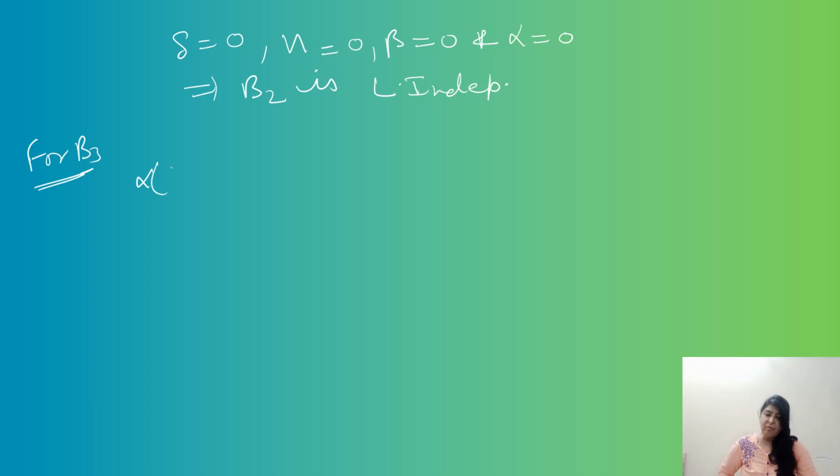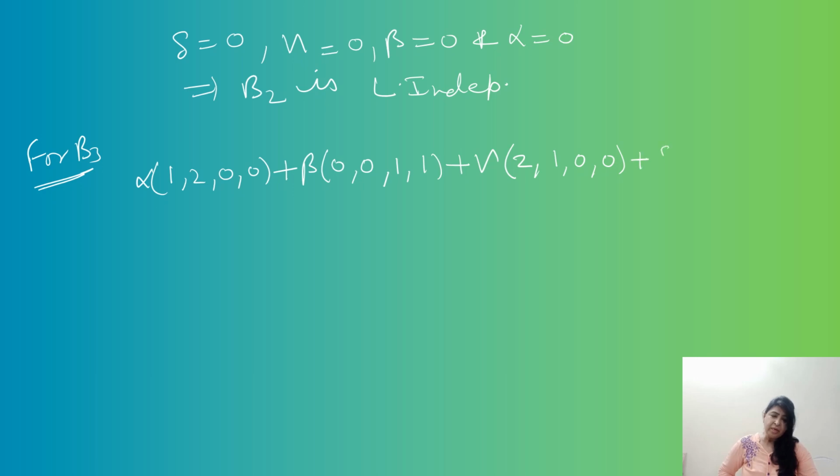Again we have alpha into (1, 2, 0, 0), beta into (0, 0, 1, 1), gamma into (2, 1, 0, 0) and delta into (-5, 5, 0, 0), this is equal to 0.